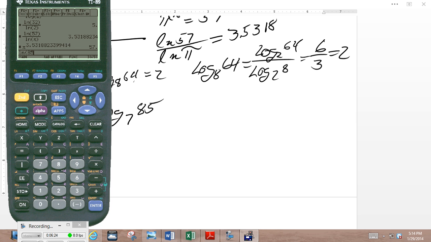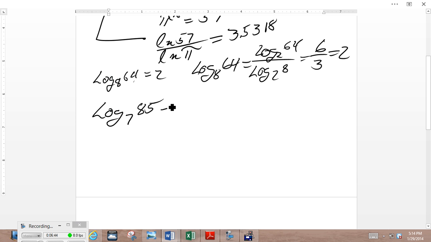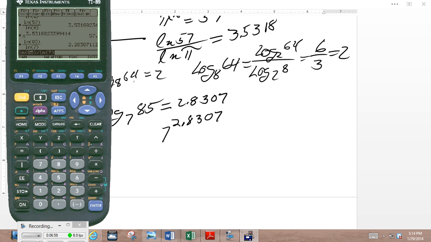So natural log of 85 divided by the natural log of 7, and that is 2.8307, which would imply that 7 to the power 2.8307 should equal 85.